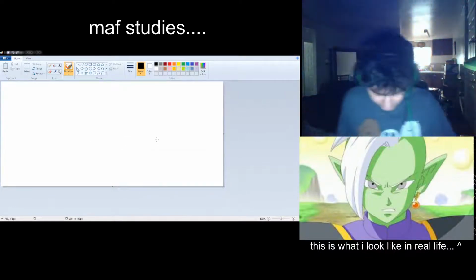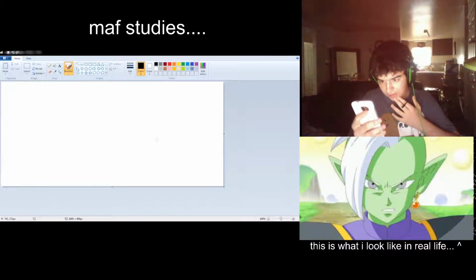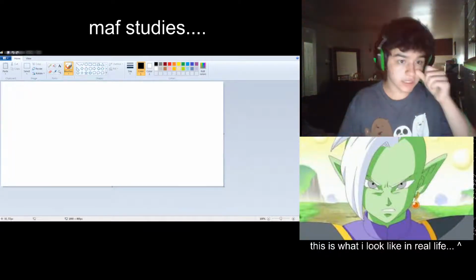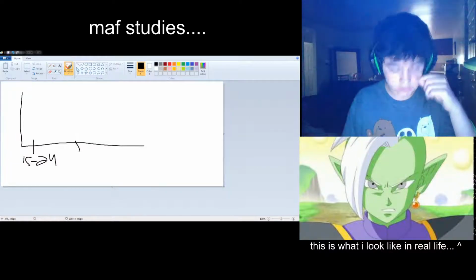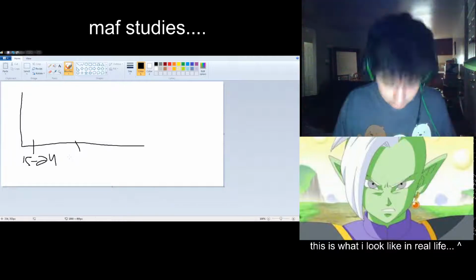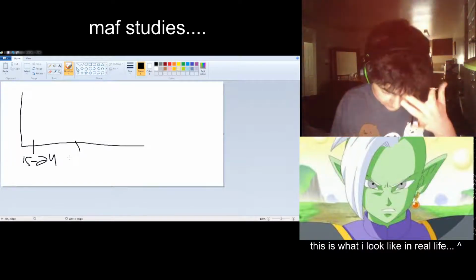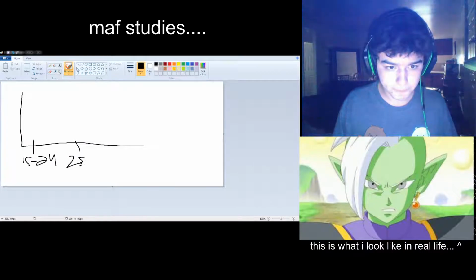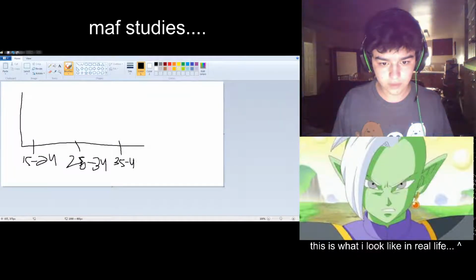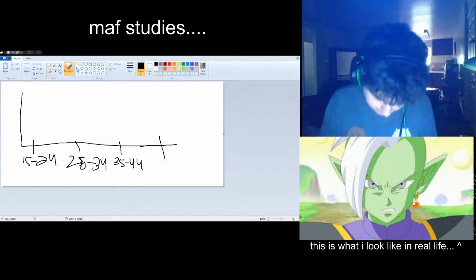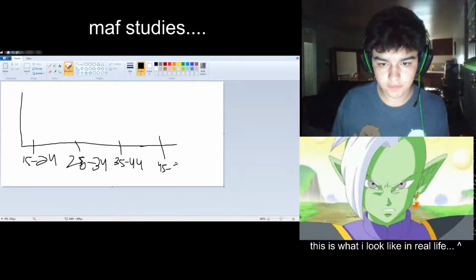So the way it works, make a histogram for the numbers of students in different classes at a community college. 15 to 24. Oh, okay. So what they're trying to do is they make a group. 15 to 24, this is number 1, like A. 25 to 34, 35 to 44, and then 45 to 54.